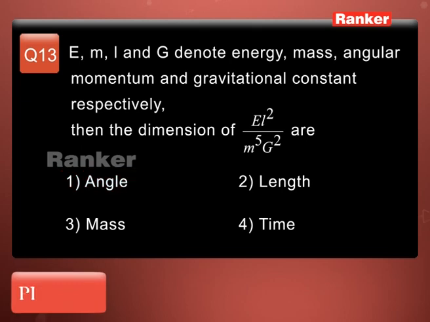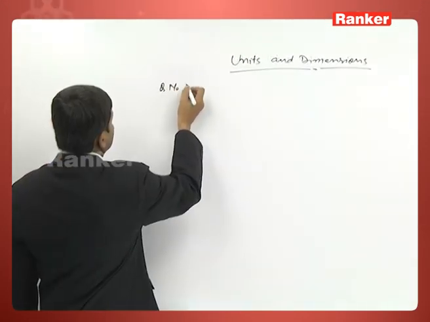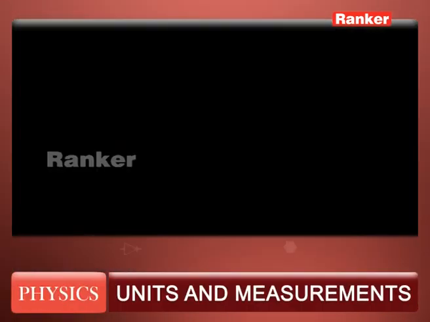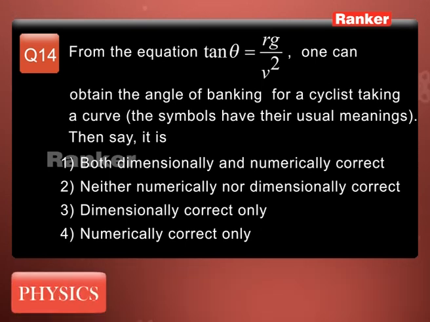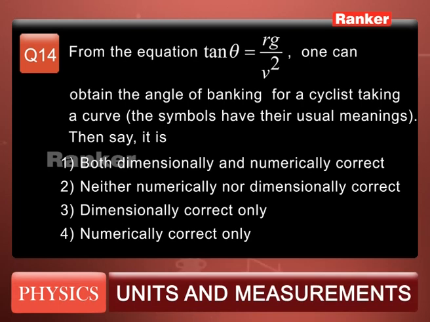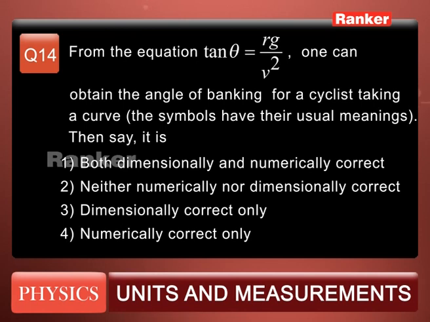Now come to the next problem, question number 14. From the given equation tan theta is equal to rg by v square, one can obtain the angle of banking for a cyclist taking a curve. The symbols have their usual meanings.